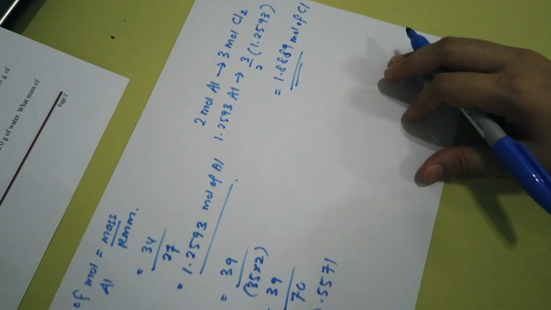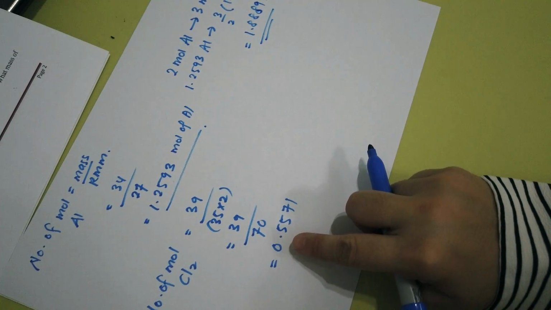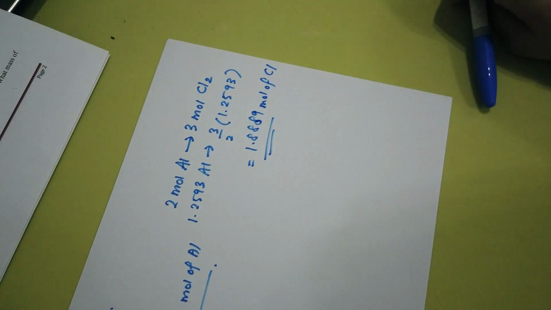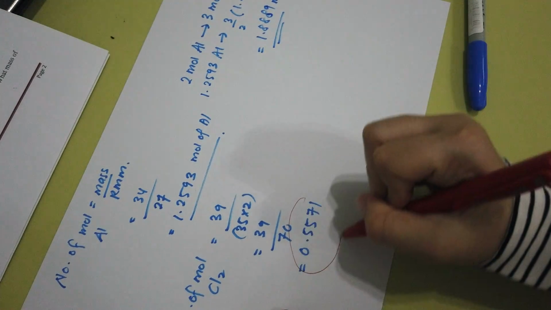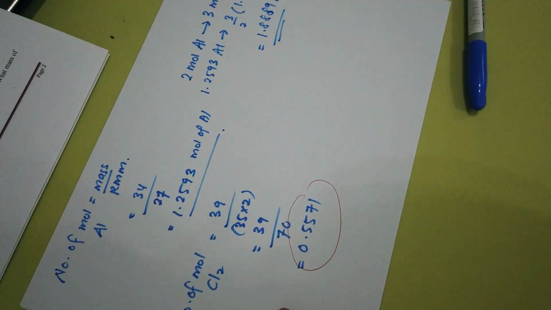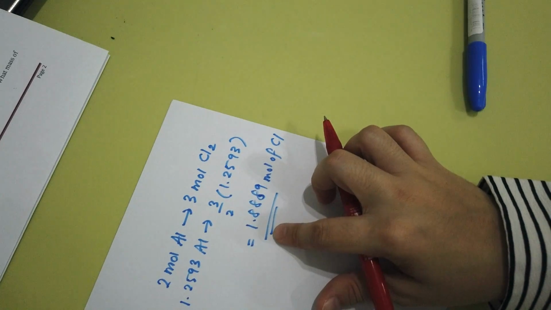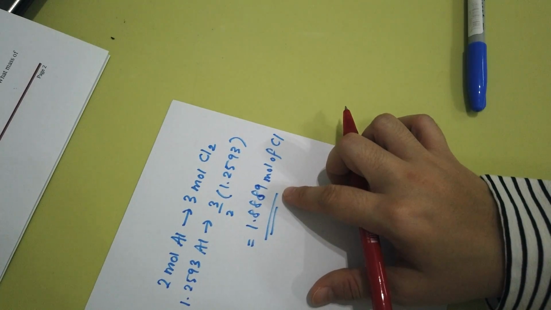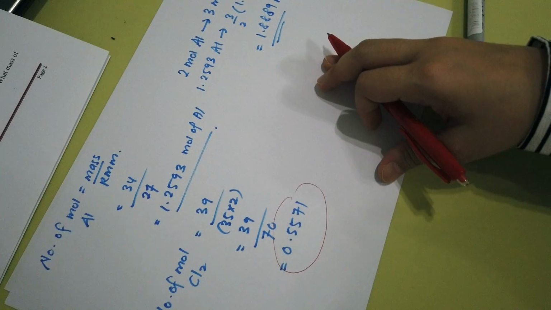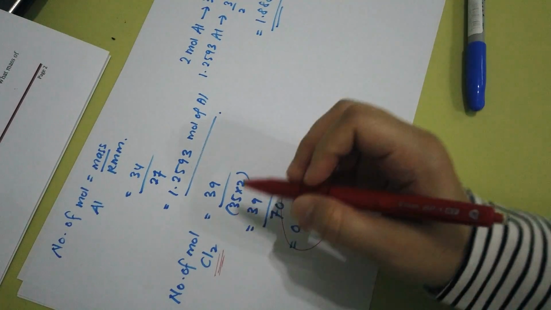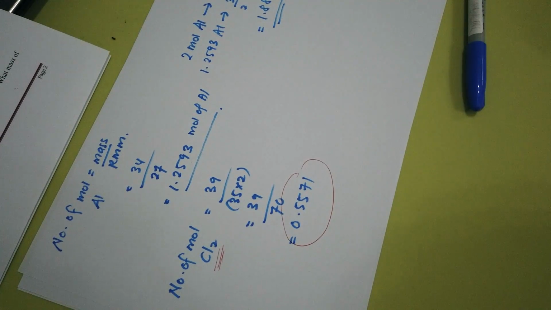So now we need to compare between this value and this value. Obviously 0.5571 is way smaller than what you actually need, which is 1.8889. So we can consider this chlorine is the limiting reagent.